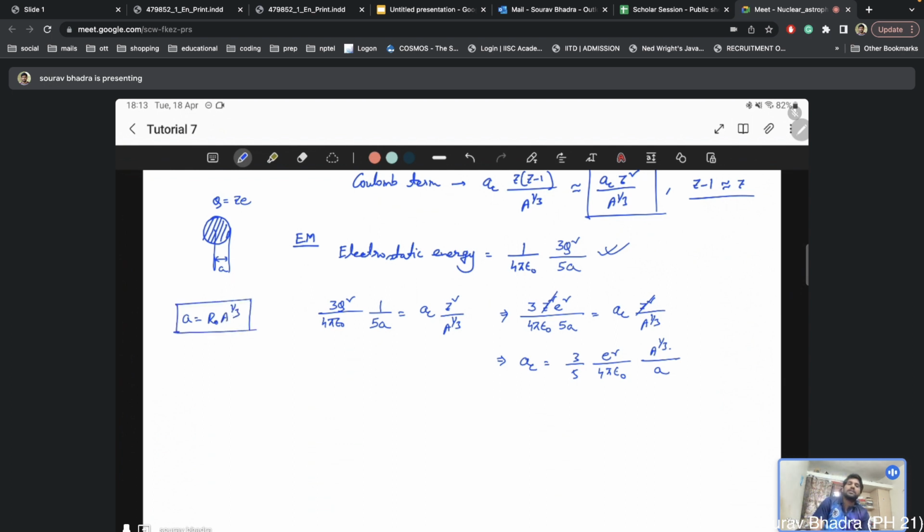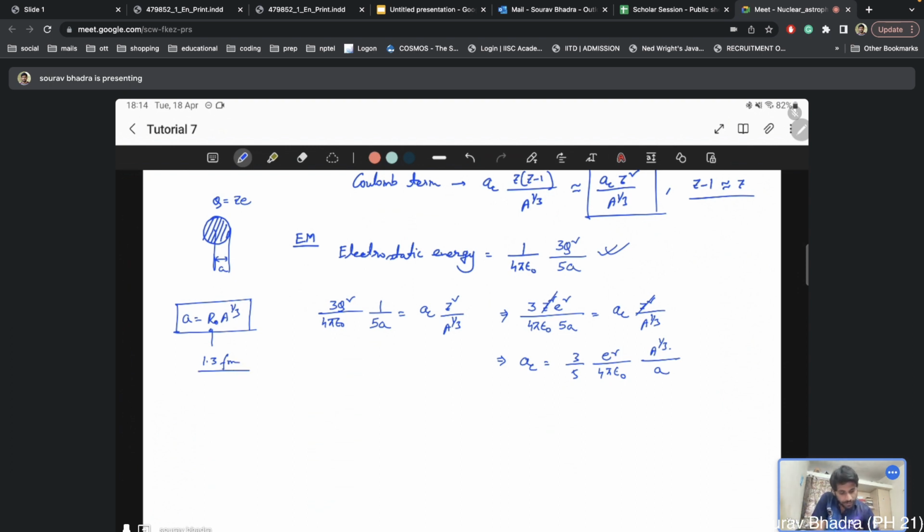This has been done in the very first or second class, that the radius of a nuclei follows a power law as a function of a, the mass number, which goes as a to the power 1 by 3rd with some constant r0, and the constant value was approximately 1.3 femtometer, right?